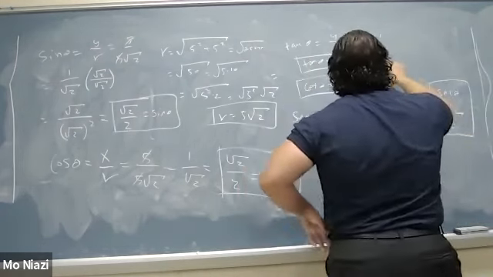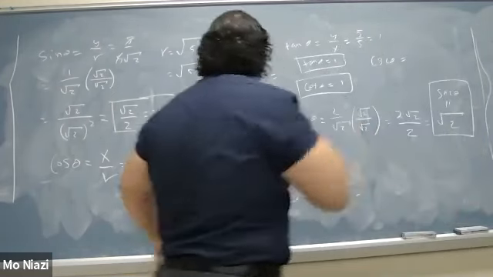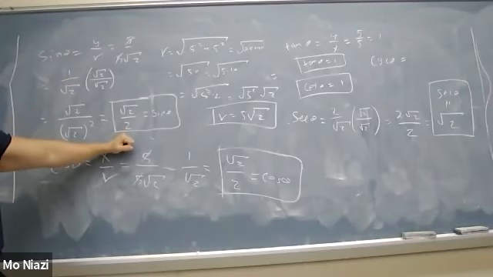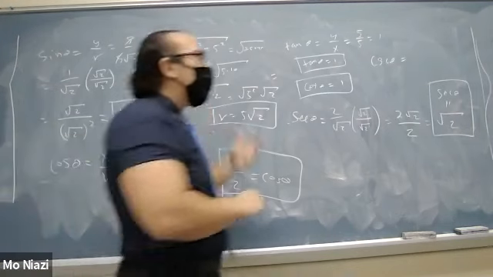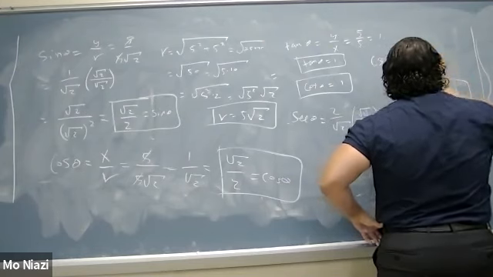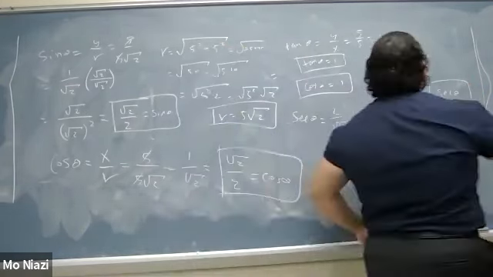Last but not least, what is the cosecant of theta? What is our sine? Root 2 over 2. Flip it. We notice that's the same thing as over here, so it's going to result in a root 2 again.